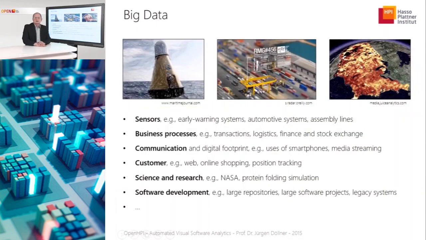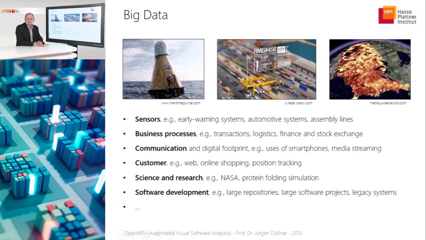Let us first look at some sources of big data. For example, all kinds of sensors constantly deliver a large amount of data, for example, in early warning systems, automotive systems, or assembly lines. Also in business processes, more and more we get data in real time about transactions, logistics, finance, or stock exchange data.